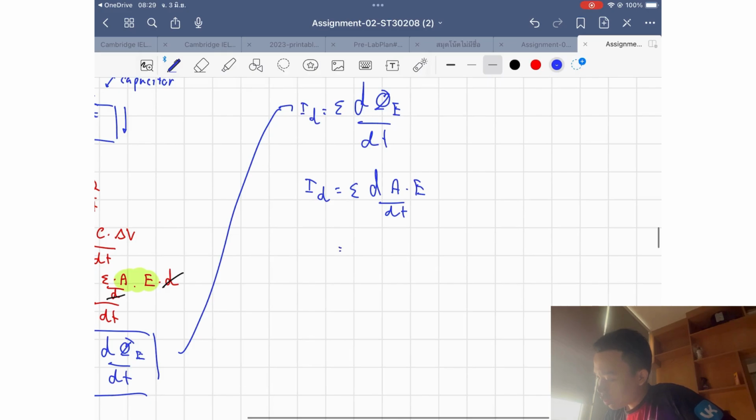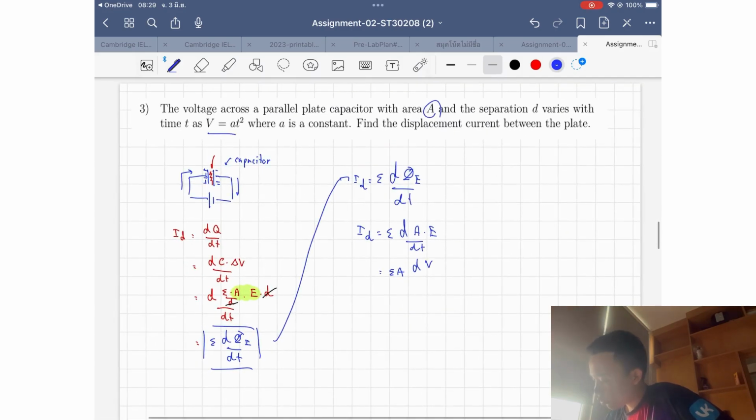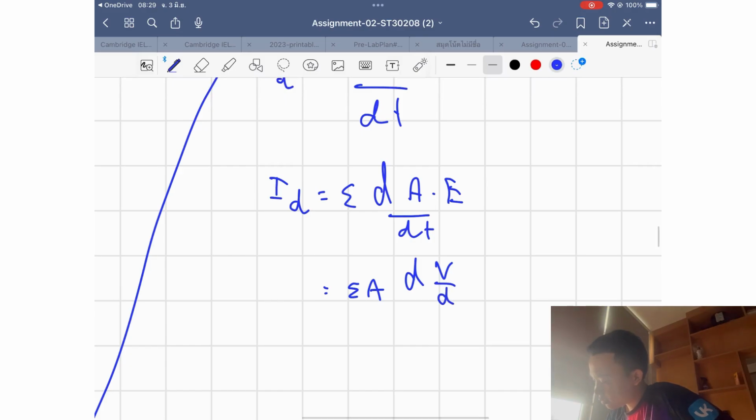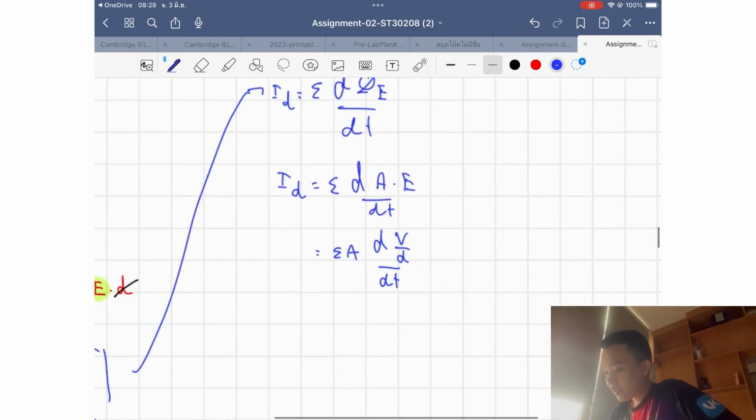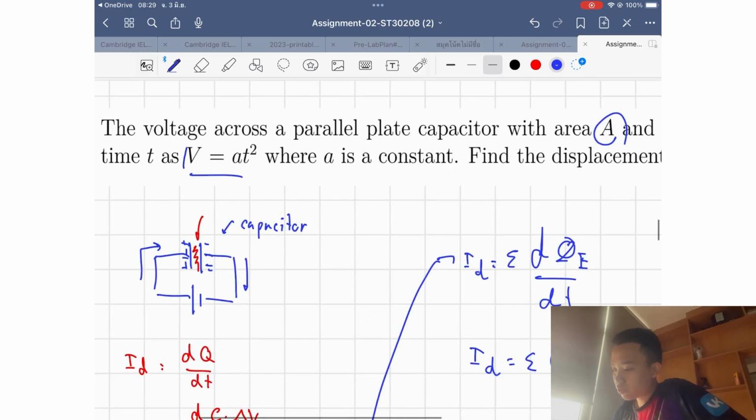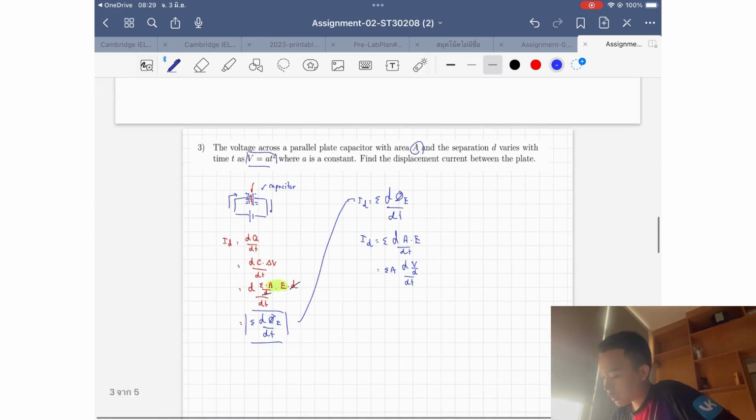So this is the voltage difference divided by the distance, over time. And the voltage is equal to A times T squared.